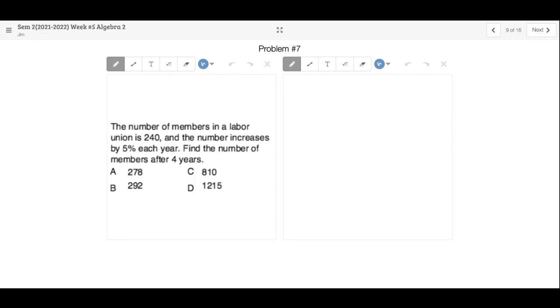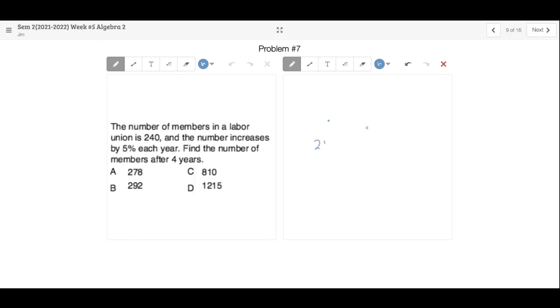All right, so what is my equation here for this problem? It says the number of members in a labor union is 240. The number increases by 5% each year. Find the number of members after 4 years. I agree that a lot of these you can just put right into your calculator. You're absolutely correct. It'll ask you what is the equation, and if this is the number of years, what would the value be?